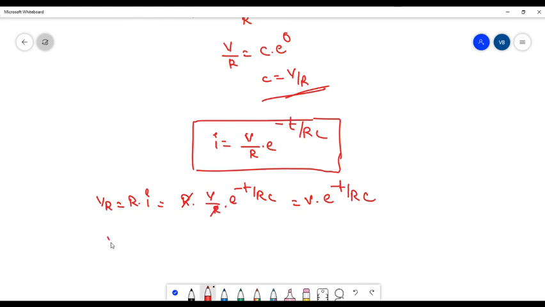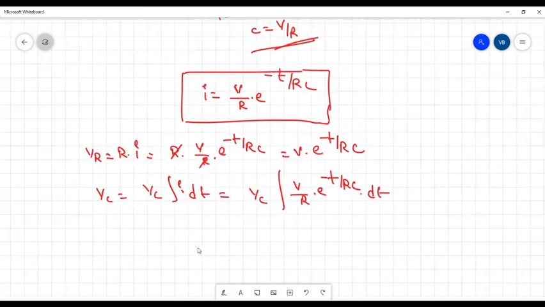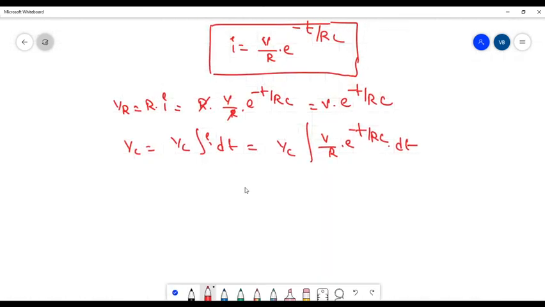What about the capacitor? Vc equals 1 by C integration of I dt, that is 1 by C integration of V by R into e power minus t by RC into dt. Simplify this, then you will get Vc equals V into e power minus t by RC plus constant.